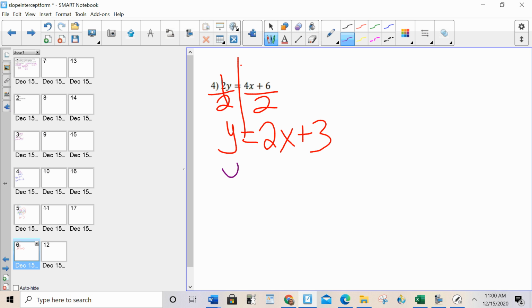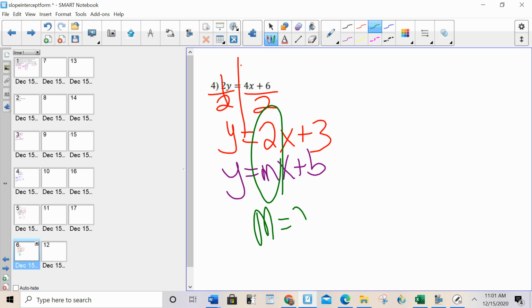Now I'm in y equals mx plus b form. I want you to take 10 seconds or so and write down your m, your slope, and your b, your y-intercept. My slope is 2. My y-intercept is 3.